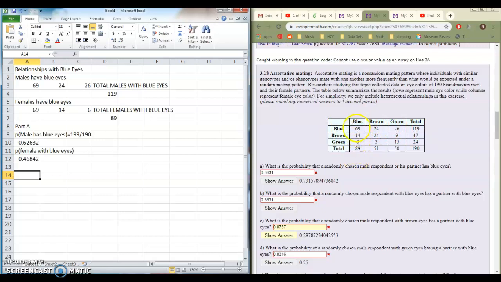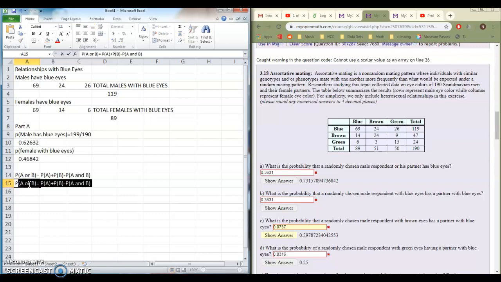So we need to subtract out that duplication. The formula looks like this: probability of A or B is equal to the probability of A plus the probability of B minus the probability of A and B. A and B, that's where they overlap.